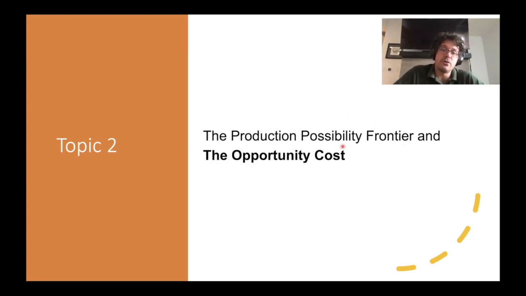So let us move now to a new topic, which is topic number 2, where we use the production possibility frontier instead to talk about something else, in particular the opportunity cost. Remember, the opportunity cost is what you give up in order to get that. Now, in this economy, we have one resource, which is labor. And if we choose to use labor to produce computers, we give up wheat. If we use labor to produce wheat, we give up computers.